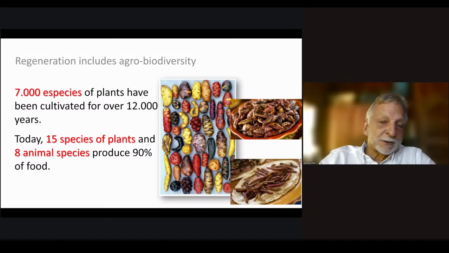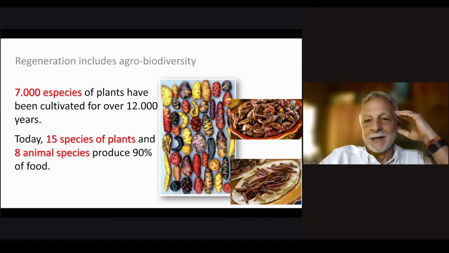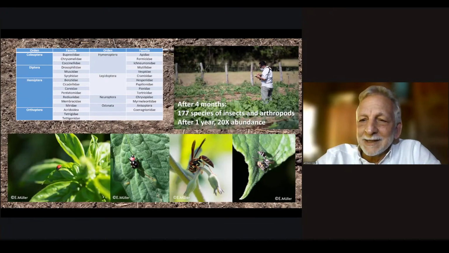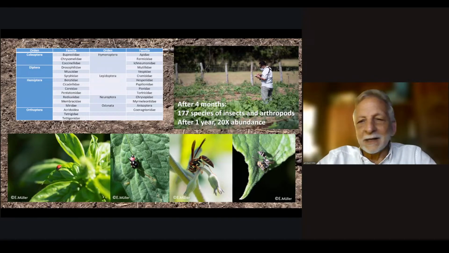But we also were able to turn these degraded soils into paradise for insects. And people thought we were crazy. People from the Ministry of Agriculture, people from other universities asked, how are you growing insects instead of crops? Well, after a year, we increased populations 20-fold, and 94% to 97%, depending on the farm, were good insects that help control the pests. So we got to an ecosystem.